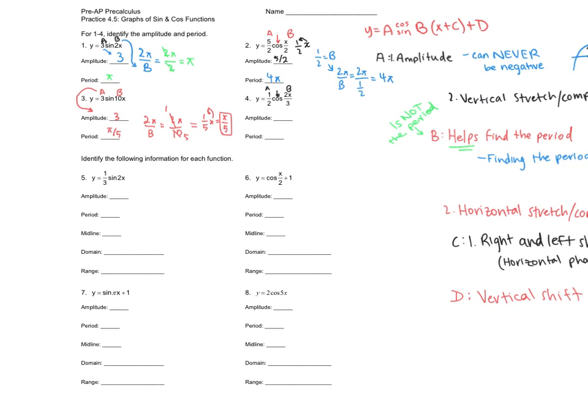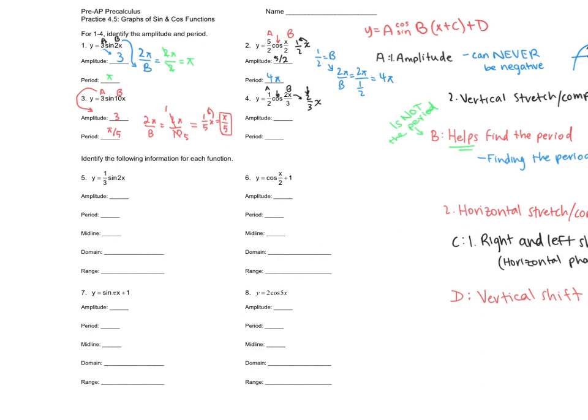So what happens is that we just take out that x. If we take out that x from that supposed b value, it becomes 2 over 3x. So that's just our breakdown of 2x over 3.